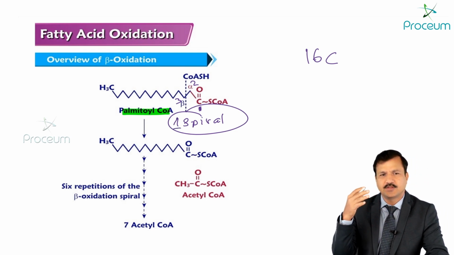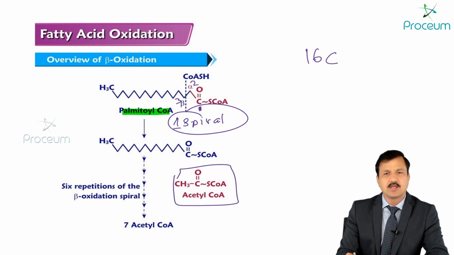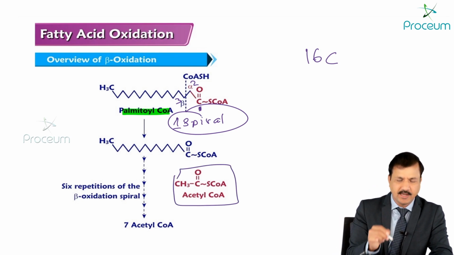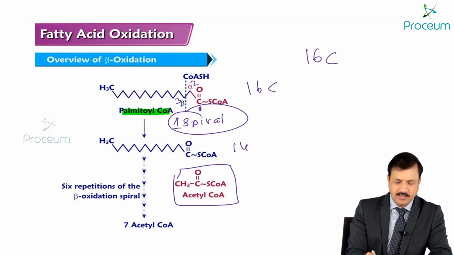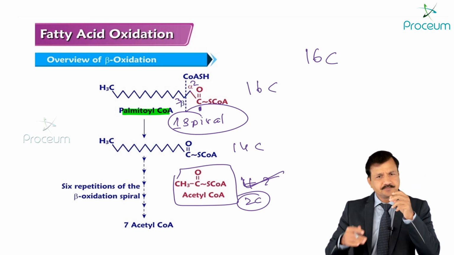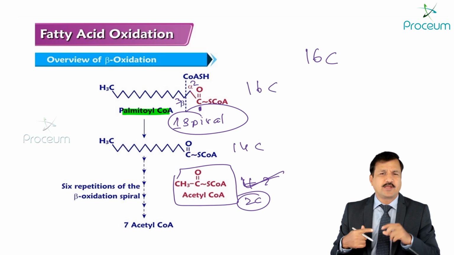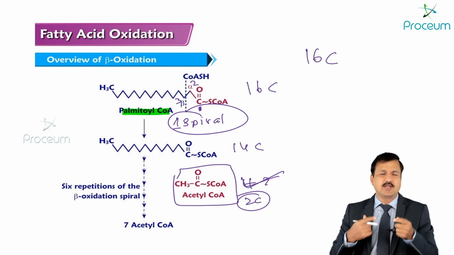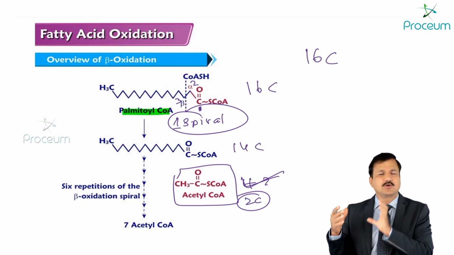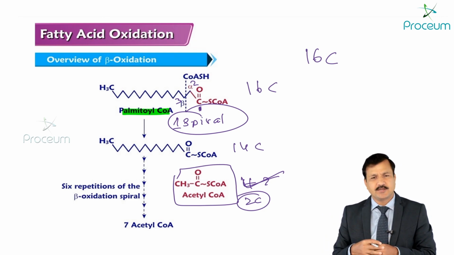At the end of the 4th step, there will be release of an acetyl-CoA molecule, and the fatty acid is shortened by 2 carbon. That means 16 carbon will become 14 carbon plus 2 carbon acetyl-CoA. Acetyl-CoA is a 2 carbon molecule. This 14 carbon fatty acid undergoes similar 1, 2, 3, 4 reactions in the second beta oxidation spiral, and then again an acetyl-CoA molecule is released, and the fatty acid is shortened by 2 more carbon.